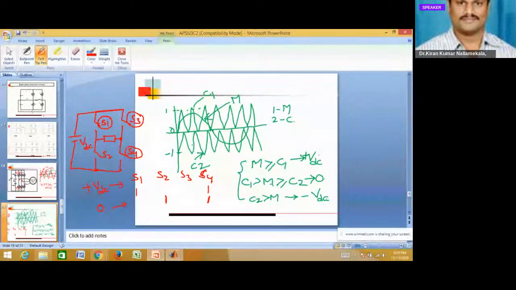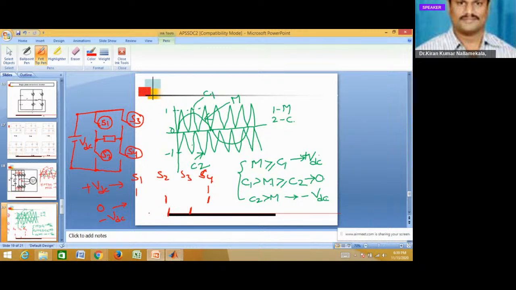Similarly, for minus VDC, the first terminal must be connected to the bottom, so turn on S2, and the second terminal must be connected to the top side, so turn on S3. So S3 and S2.